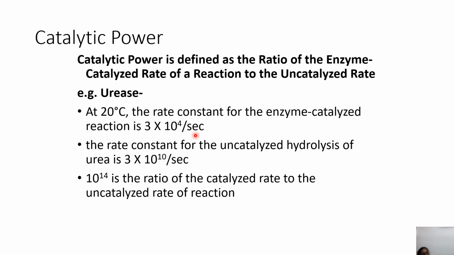For example, for urease at 20 degrees Celsius, the rate constant for the enzyme-catalyzed reaction is 3 times 10 to the power 4 per second. The rate constant for the uncatalyzed hydrolysis of urea is 3 times 10 to the power minus 10 per second. And 10 to the power 14 is the ratio of the catalyzed rate to the uncatalyzed rate of the reaction.